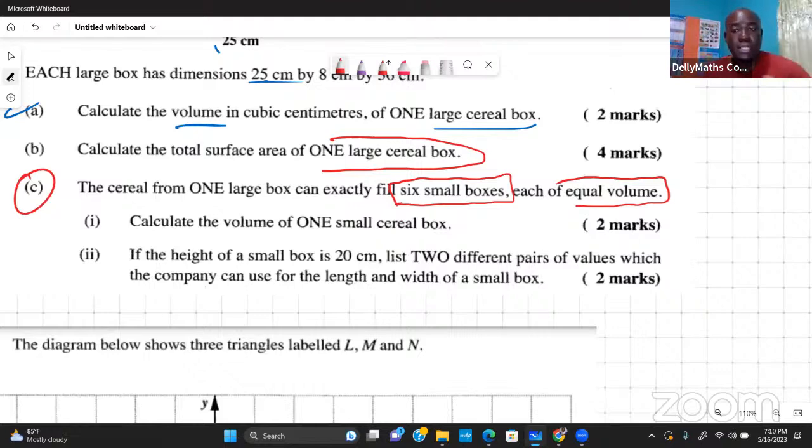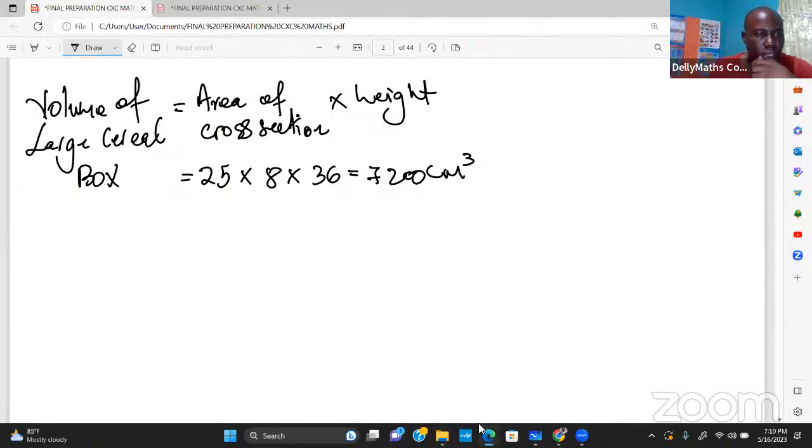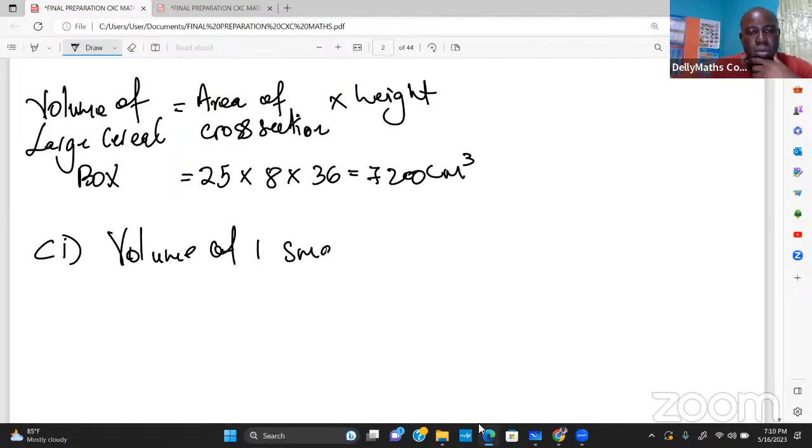They're saying that the cereal could fill 6. So now for the question, it is saying calculate the volume. Context, not total surface area, volume of one small box.